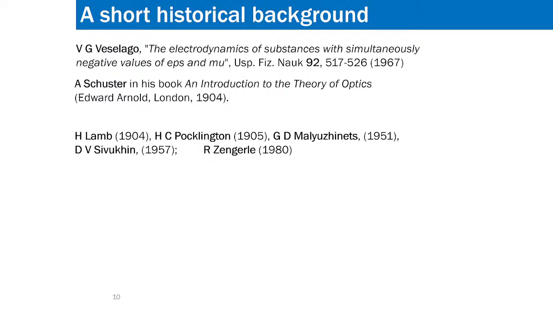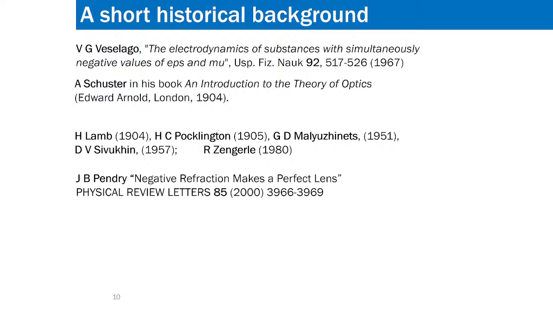So the others were discussing negative refractive index, whereas Veselago discussed negative permittivity and permeability, what will happen if both are negative. We'll discuss that later. Veselago discussed it theoretically, as a theoretical physicist at that time.